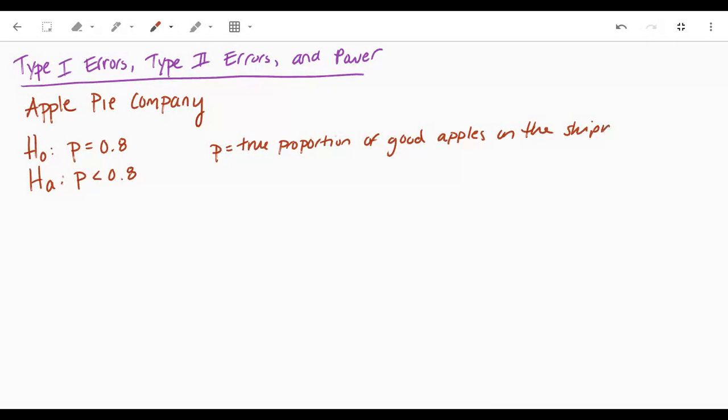So we're hoping for 80% good apples. We're saying we can work with that. But if we have evidence that it's less than 0.8, we need to reject that shipment of apples.